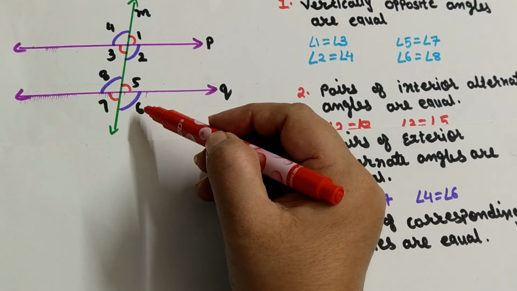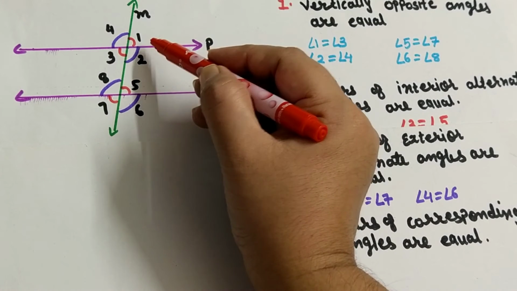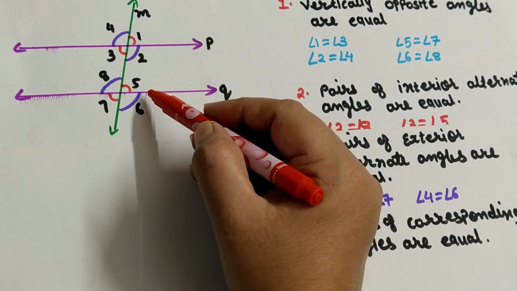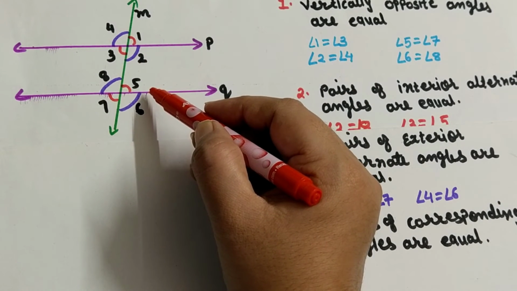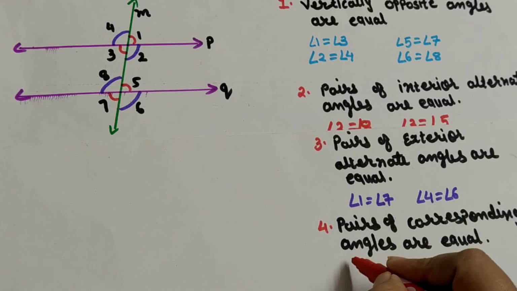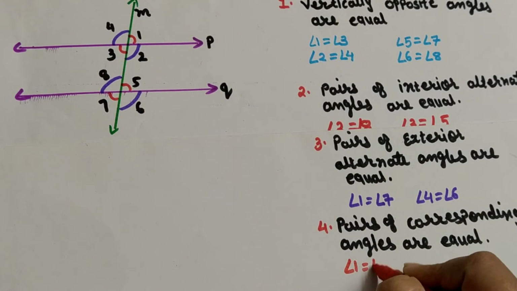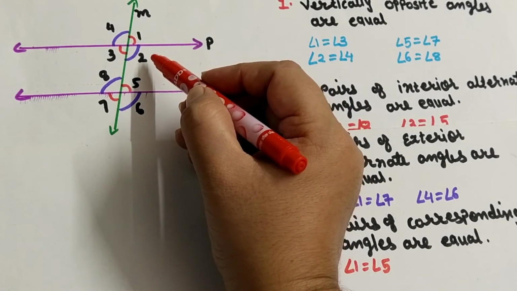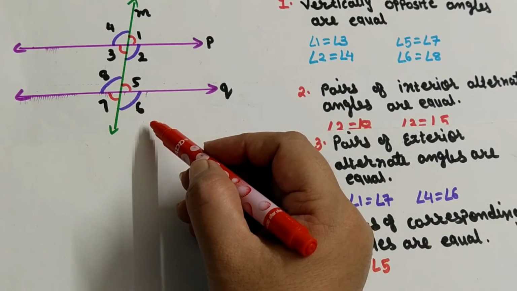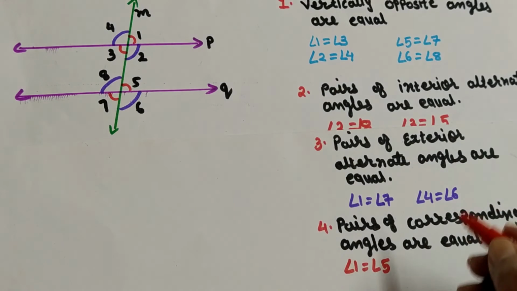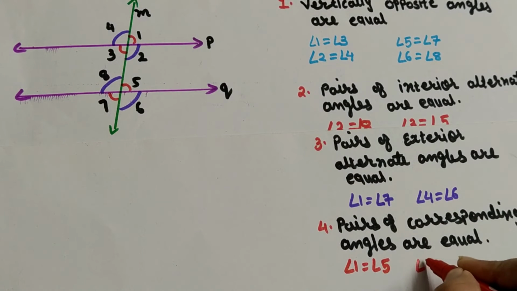So angle 1 and angle 5 are corresponding angles, which means both are equal. We write angle 1 is equal to angle 5. In the same way, angle 2 and angle 6 are corresponding angles, so angle 2 is equal to angle 6.